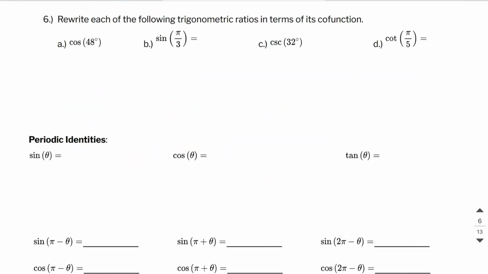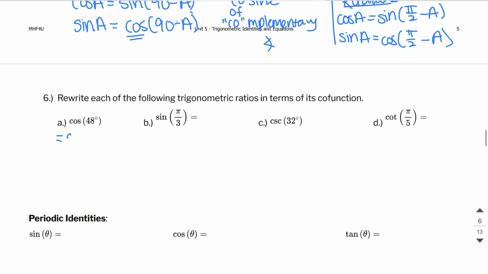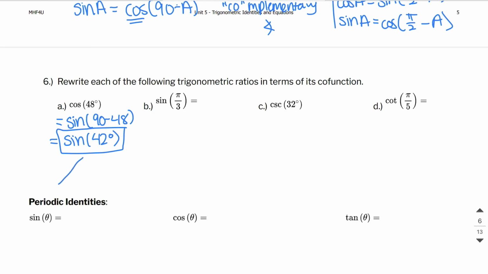Well, we can now say that the cosine of 48 degrees, I can automatically say is equal to the sine of 90 minus 48 degrees, or the sine of 42 degrees, okay? I'm going to show you one last time in a triangle why this works, and then after that, I'm not going to do it for every single triangle, okay?